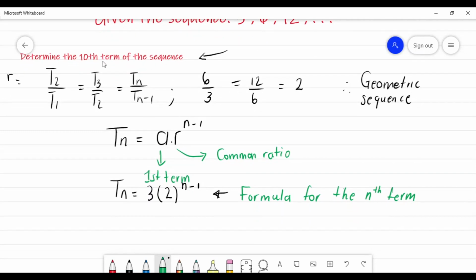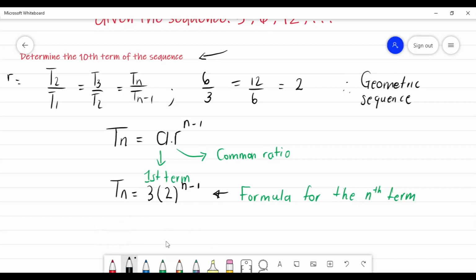So we're trying to get the value of the term that is in the 10th position in our sequence, right? That is what we're trying to do. We are simply going to substitute 10.